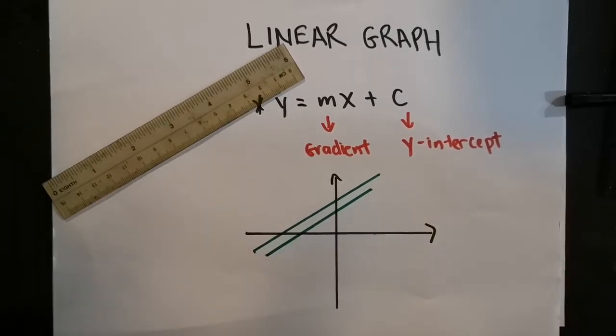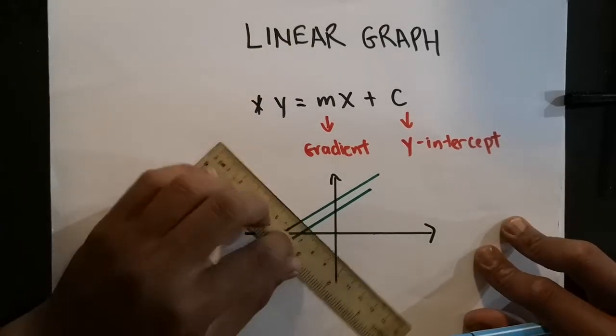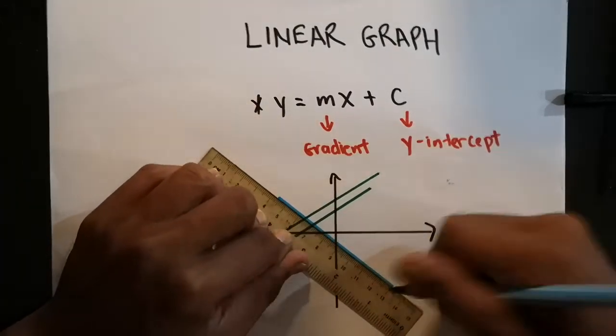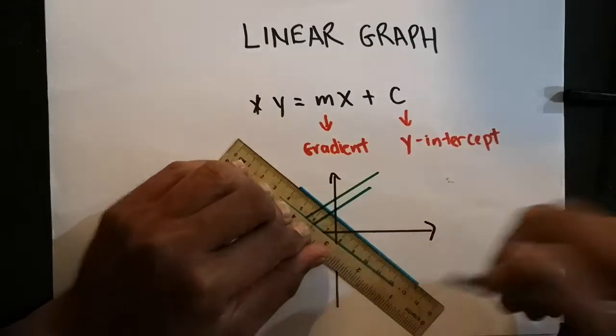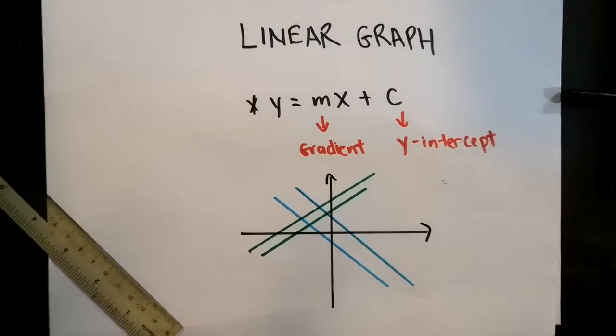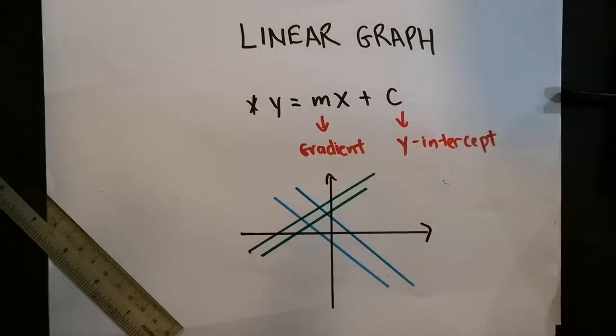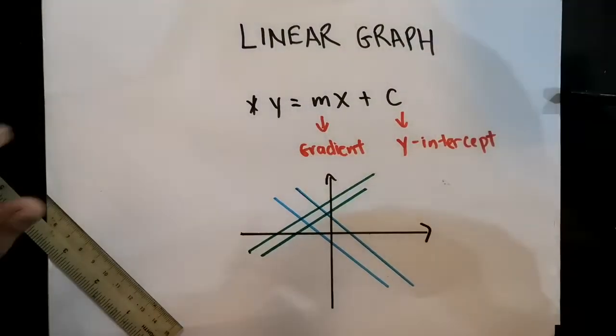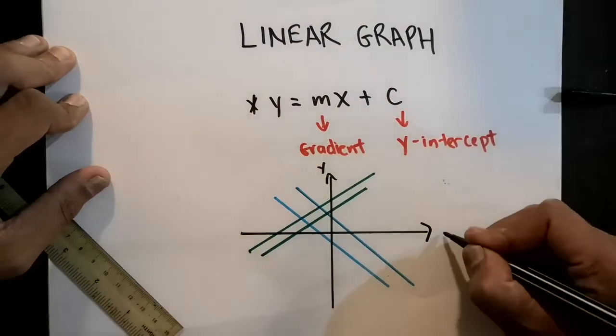Going down will look something like this. See, it's going down. Going down is a negative gradient. Okay, that's the first thing that you need to know. You only need to know whether it's a positive or negative gradient.